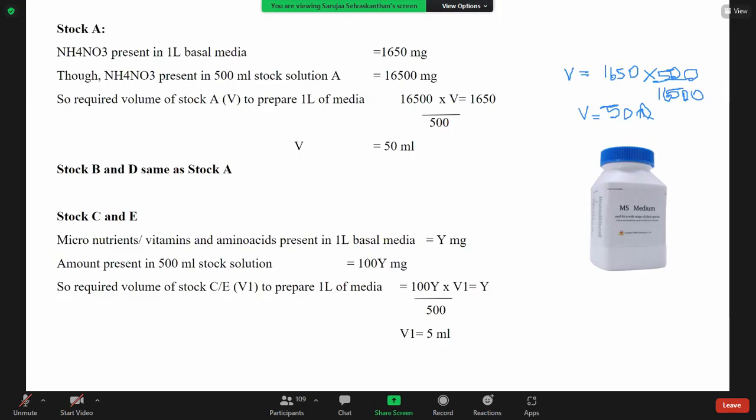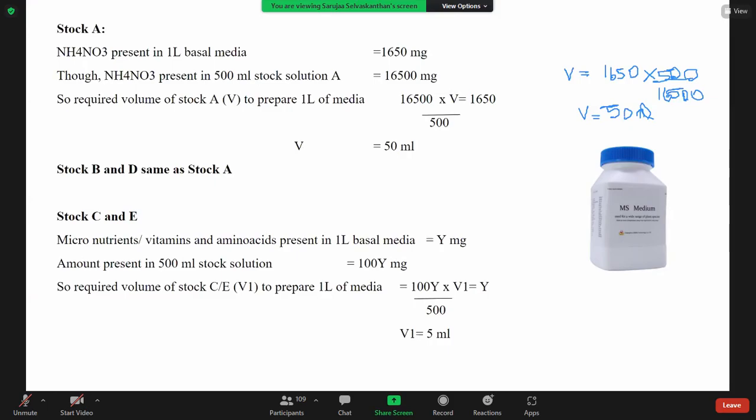Why? Because those are very minute quantities, and it's really hard to measure. So we add in a more concentrated form, right? In 500 milliliter, we add all the nutrients 100-fold. Yes or no? Yes.